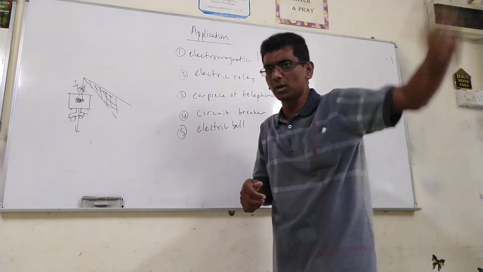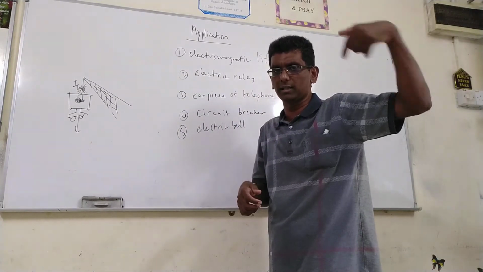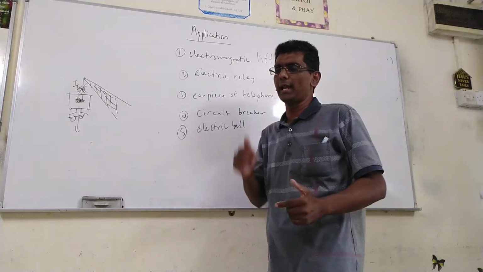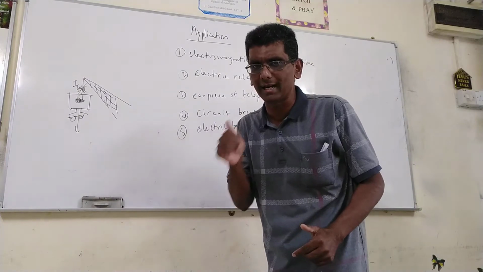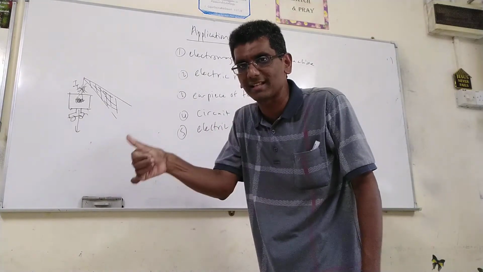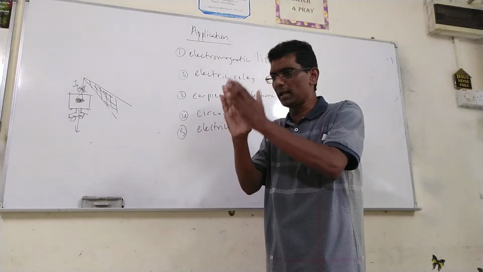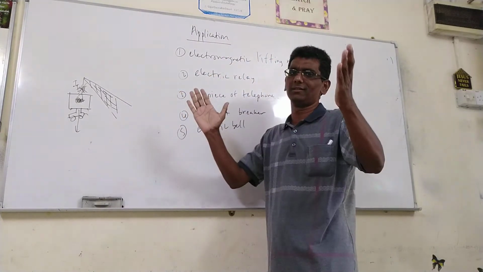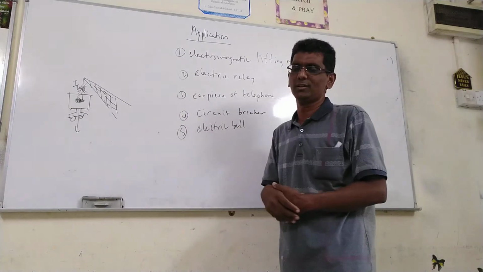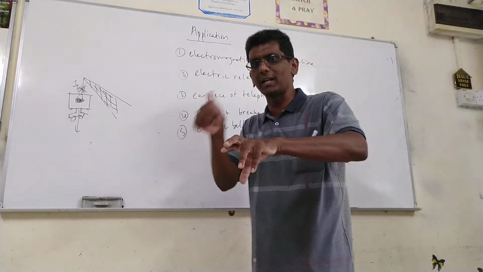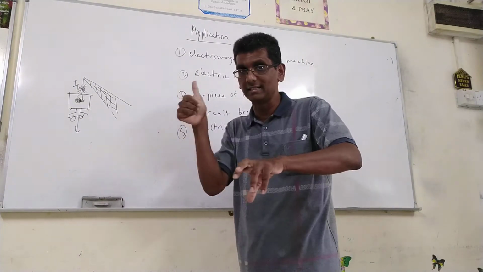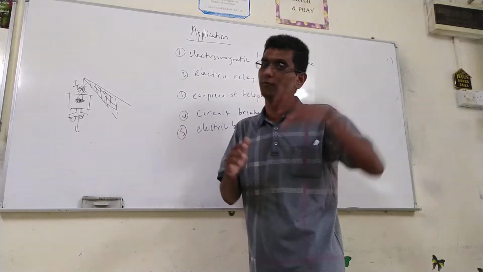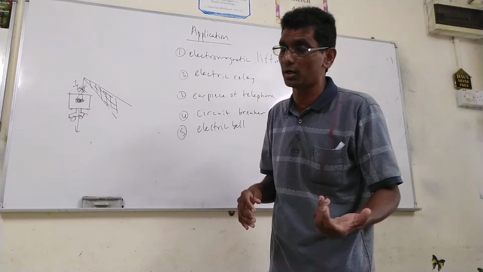When the higher current is supplied to the motor, the motor works and the aircon works. When you press the red button, there is a disconnection, so the higher current is disconnected. The green button connects the higher current, and the red button disconnects the higher current for the motor of the aircon.